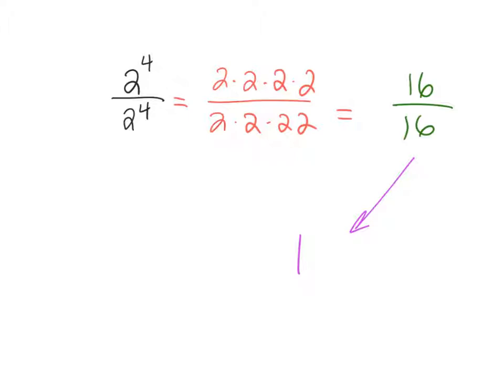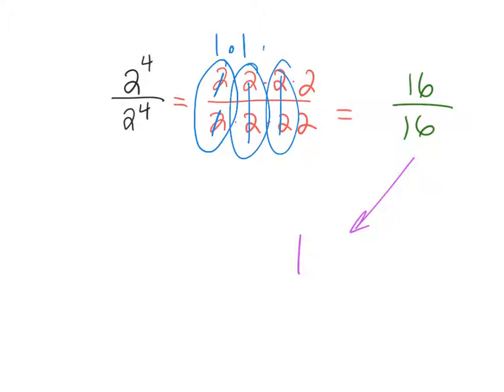So if I go to divide, I am allowed to divide away the 2's. For every 2 over 2, I actually get 1 whole. So this is equal to 1 whole, correct? This is equal to 1 whole. So is this, and so is this. And together they all multiply to give me 1.